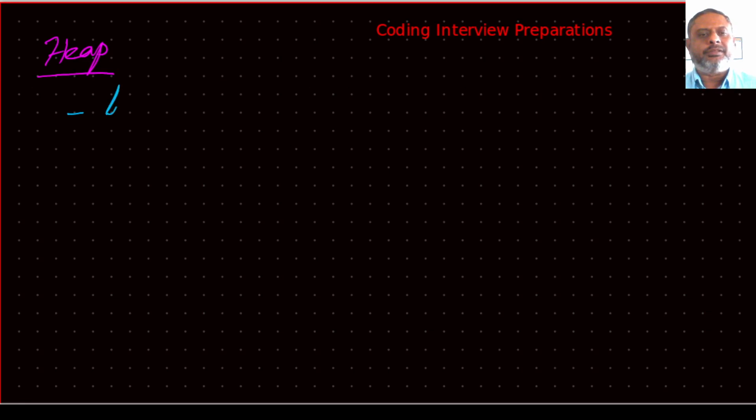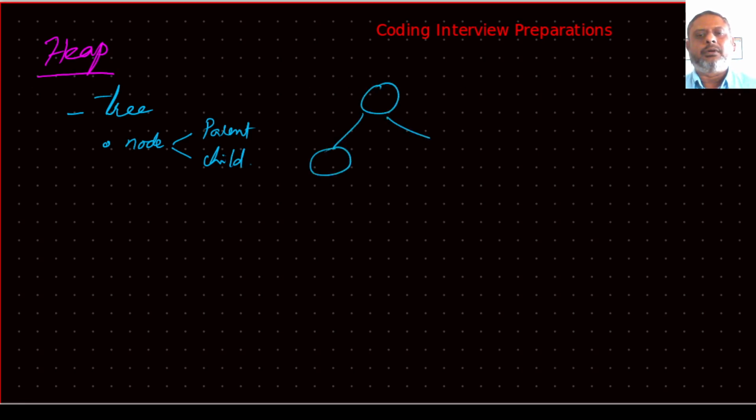So heap basically is a tree. Tree means it will consist of nodes, and basically there are two types of nodes: one parent node, and then there is a child node. So that's how a tree would look like.